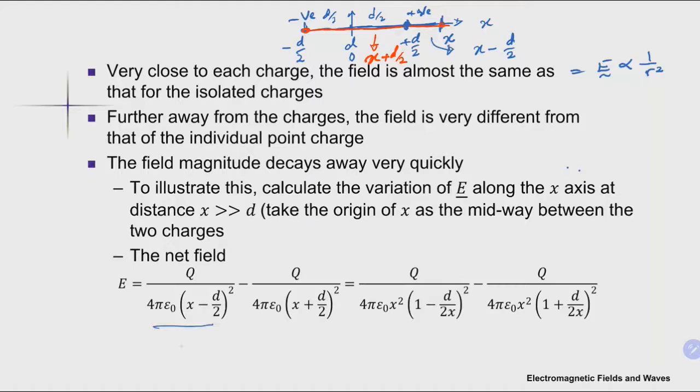Okay, so that's my E field. This is due to the positive, and this is E negative. And then the sum of the two will be this equation here. Okay, that will be working out the electric field at this point here, some point x on the x-axis along my dipole.